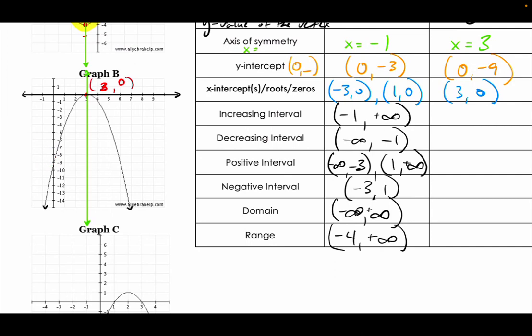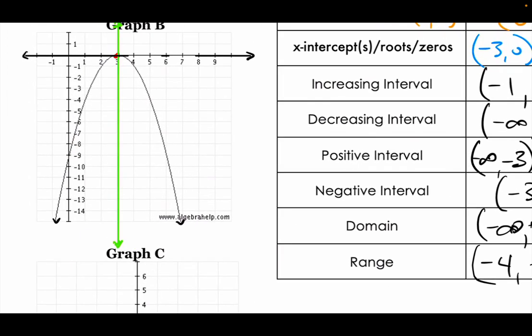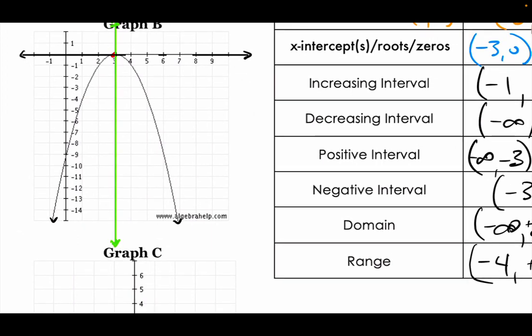Okay. Increasing. Where is it going uphill? Where is it going downhill? So which arrow do I start at? Left arrow or right arrow? Left arrow. So am I going uphill from the left arrow? Trace. From the left arrow, am I going uphill or downhill?